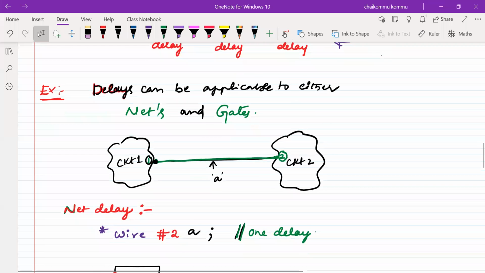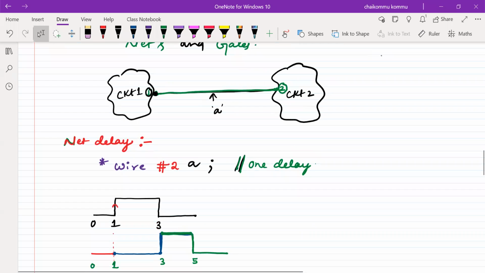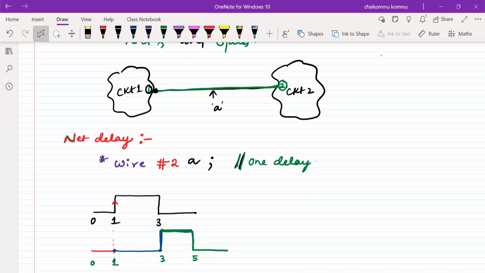Any wire or line that is connected to two circuits, generally we treat it as a net. If you are applying some delay value to a net, we have to use something like this. For example, if we consider that the middle one is a wire, and A is taking two timing units, then we give it in this method: wire #2 A, which means that A takes two timing units of delay.